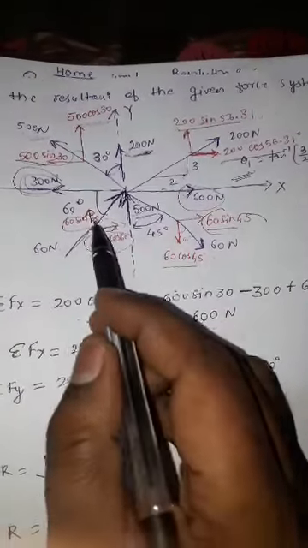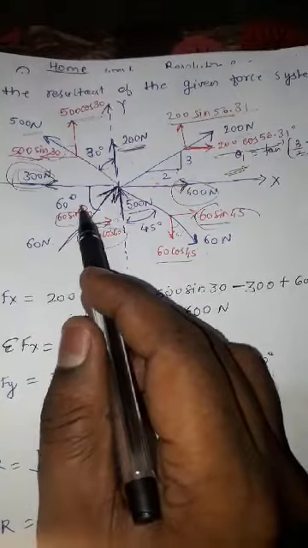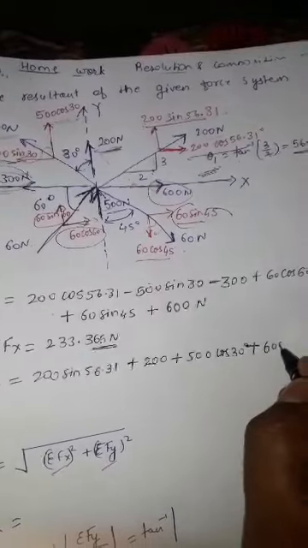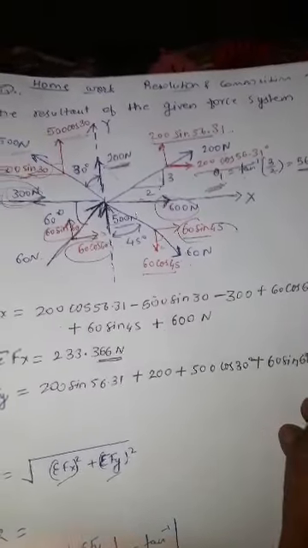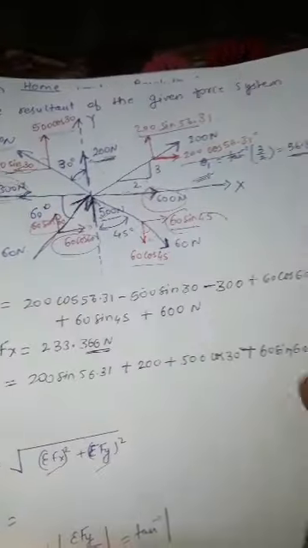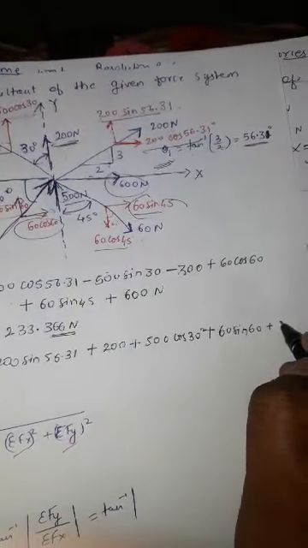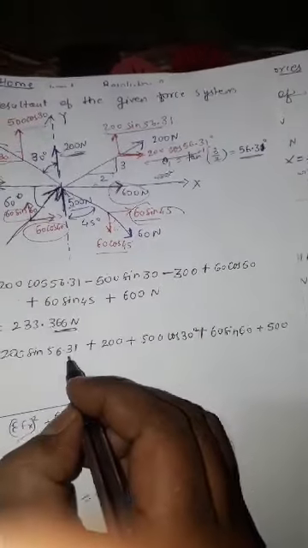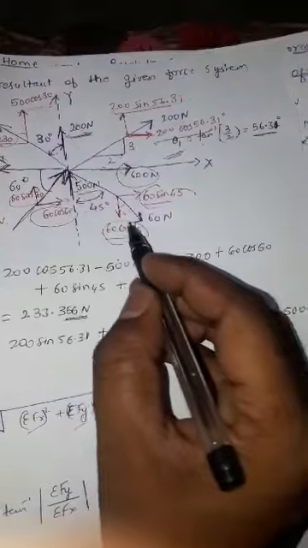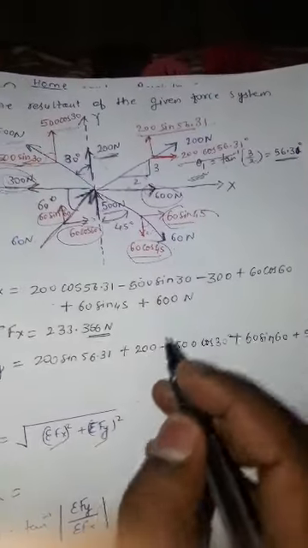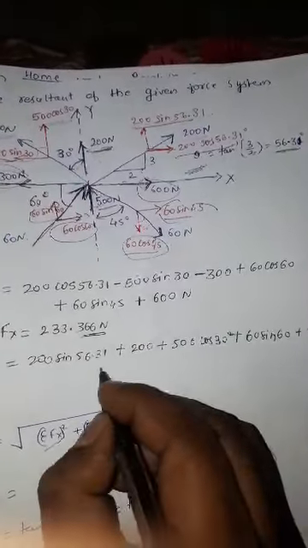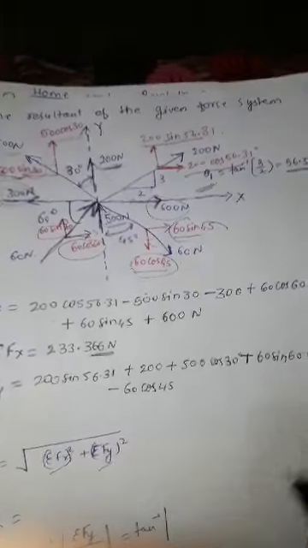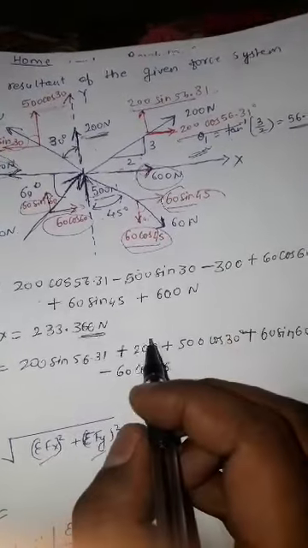Next, this component is going up, so plus 60 sin 60. Next, this 500 Newton force is also going upward, so I am writing 500. Next, this force is going downward, so I am writing it as a minus 60 cos 45. There are no other vertical forces.